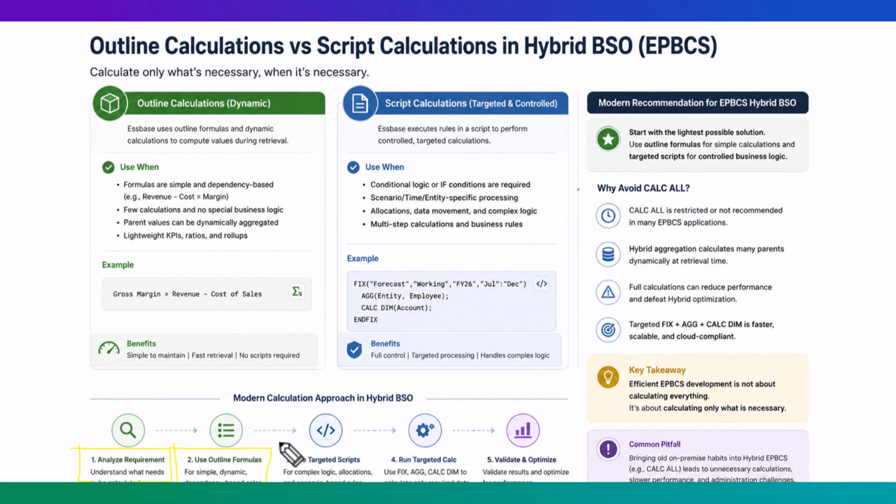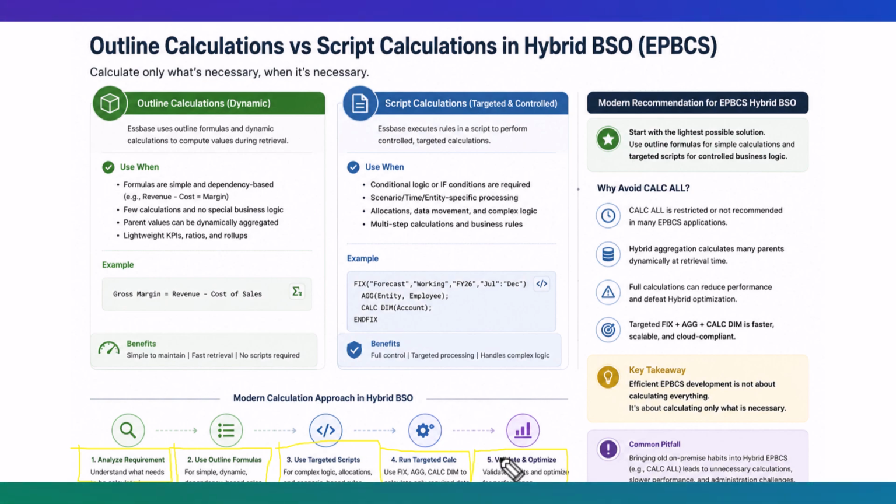Or else use a targeted FIX-based script for controlled calculation, and we need to avoid the full cube calculation unless absolutely necessary. So for the targeted script, using FIX statements, aggregation, and CALCDIM, we need to validate and optimize the script and the outline to get better performance.